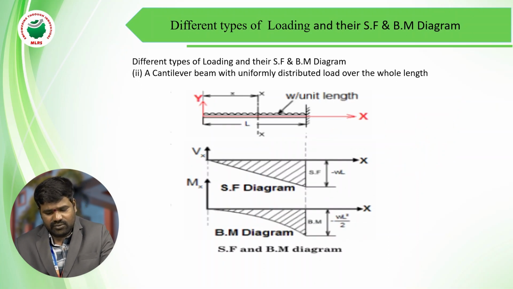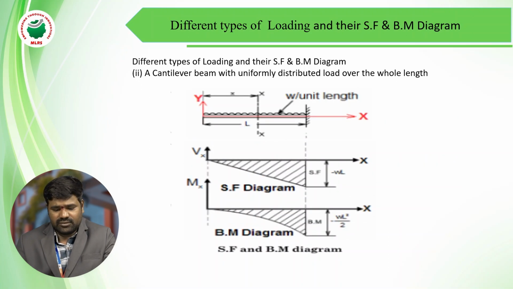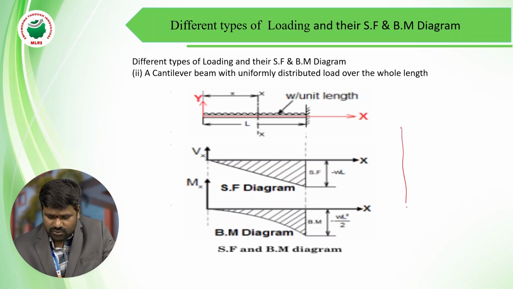See one other figure. Different types of loading: a cantilever beam with uniformly distributed load. This one is point load, this one is uniformly distributed load. So for a uniformly distributed load cantilever beam, one side fixed, another side free.